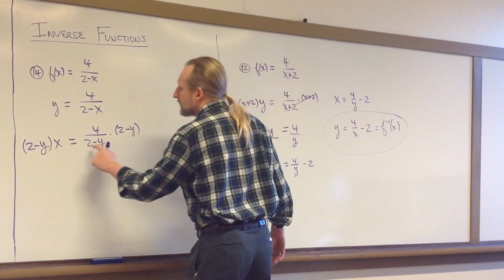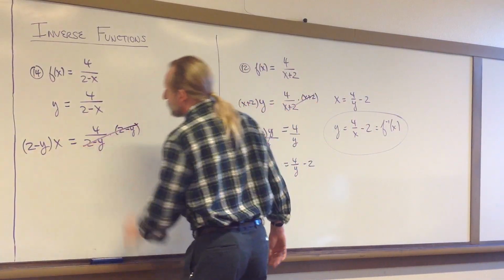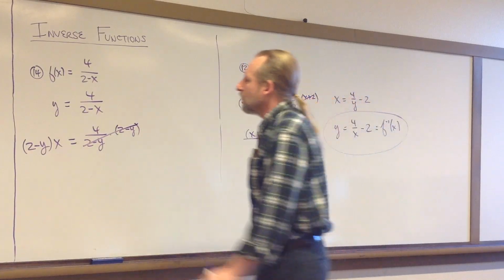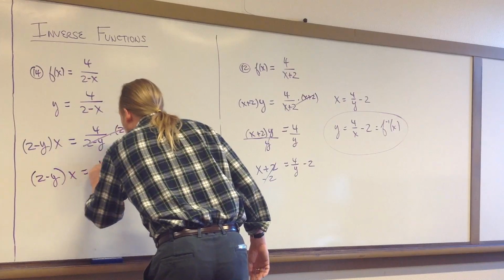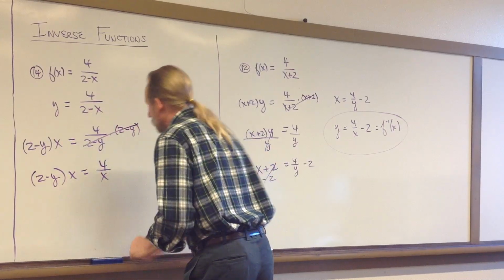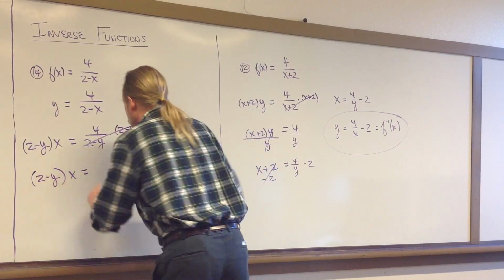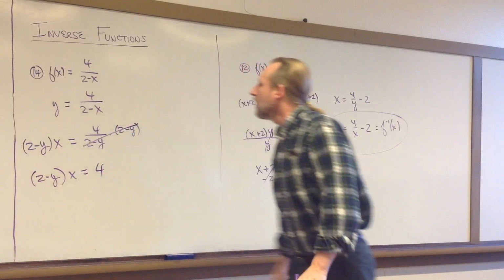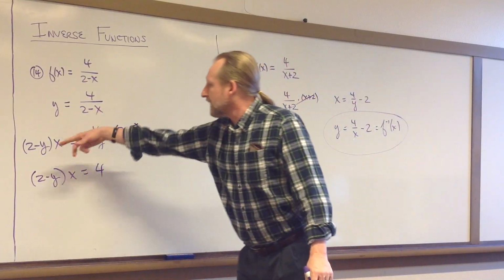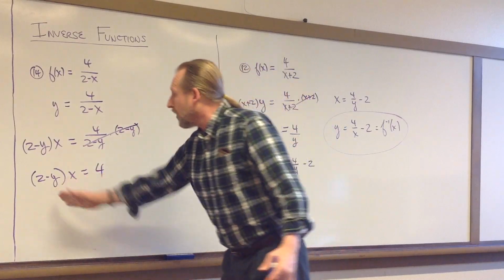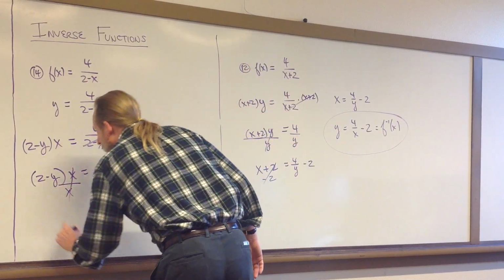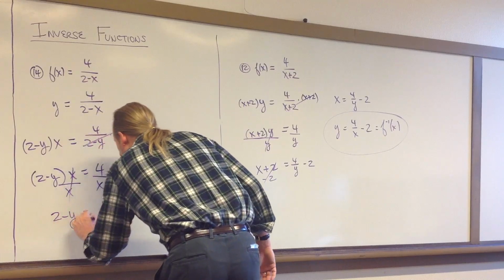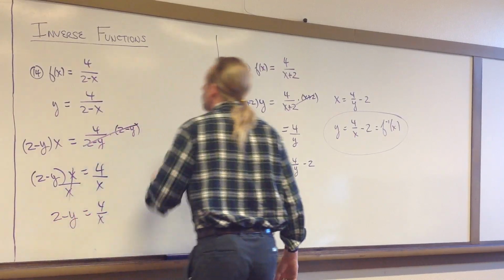Okay, so to clear out this denominator, multiply on both sides by 2 minus y. And now, oops, I'm getting ahead of myself. That'll just be 4. And since I've swapped the x and the y's already, I'm trying to get the y by itself. I mean, that's something that can be confusing in these problems. 2 minus y equals 4 over x.